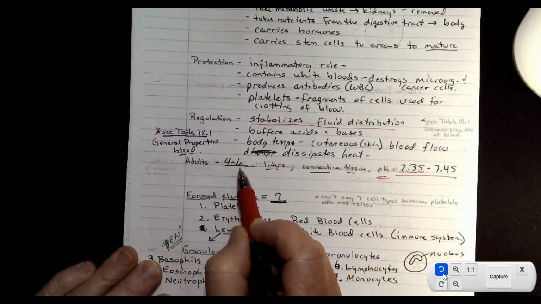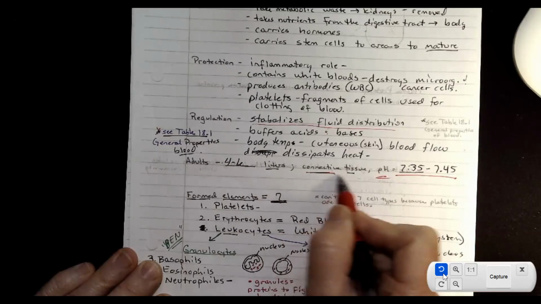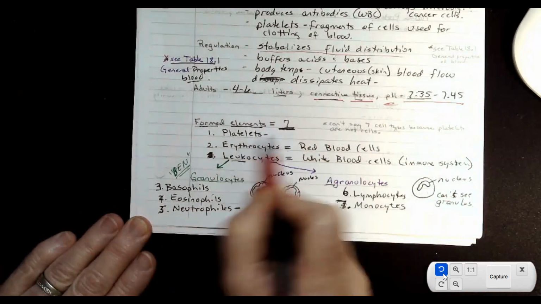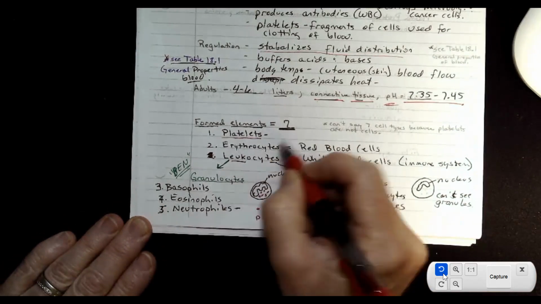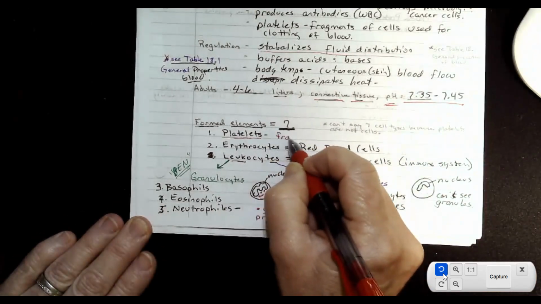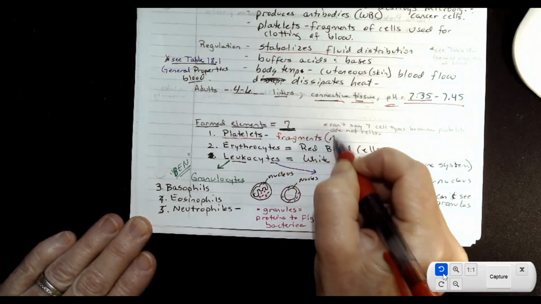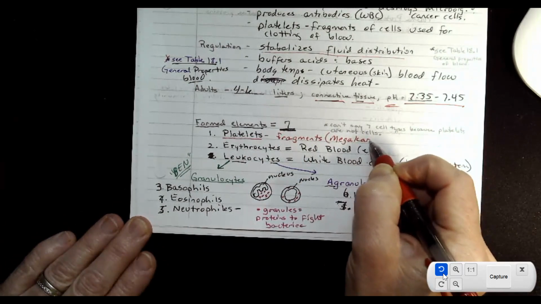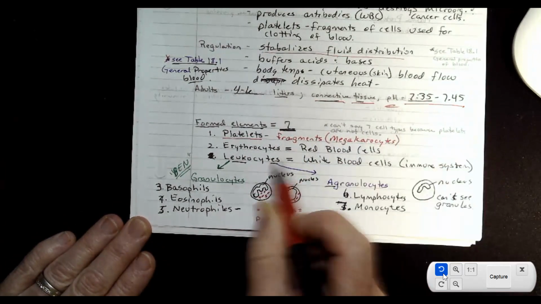I asked you to please review table 18.1, the general properties of blood. Adults have 4 to 6 liters of blood, and it is considered a type of connective tissue. Here, talking about the formed elements, there's 7. We don't call them cells because platelets are not cells. These are fragments of cells, and specifically megakaryocytes. Okay. We'll talk more about that later.